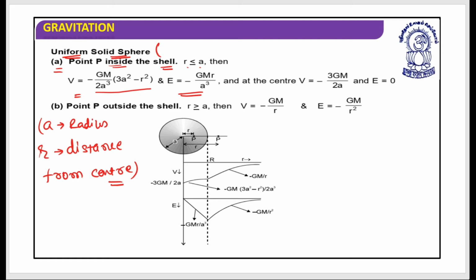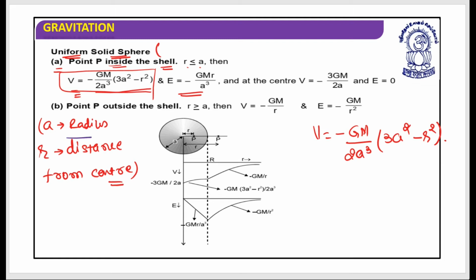If I understand and remember this formula, then let's have a look. V is equal to minus GM by 2a cube into the bracket 3a square minus r square, where a is the radius and r is the distance from the center. Suppose I want the potential at the center.